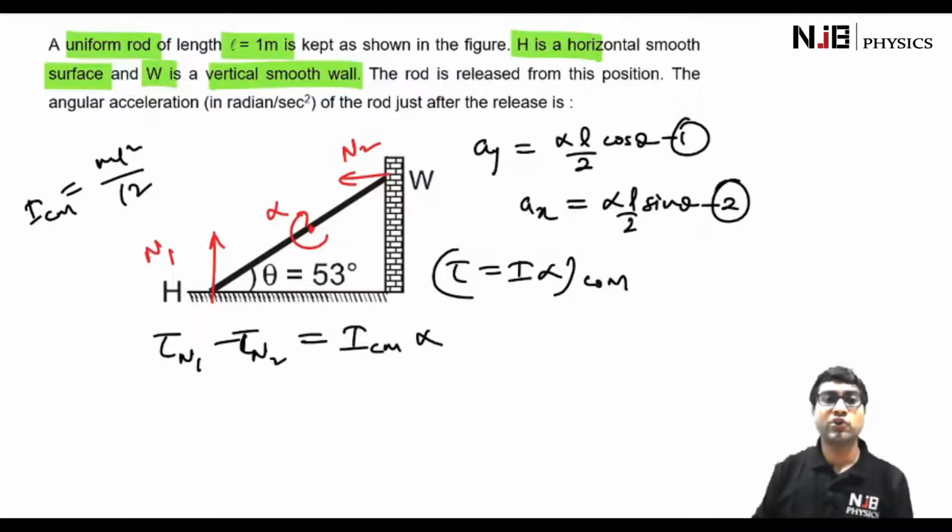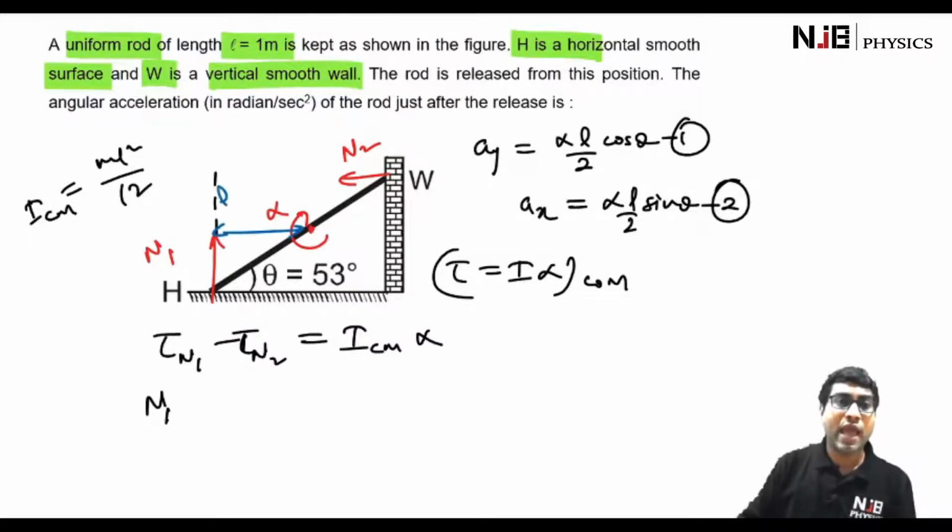Now what is the torque due to N1? Torque due to N1 is N1 multiplied by the perpendicular distance from the center of mass to the line of action of force of N1. So this distance is going to be equal to L by 2 times cos of theta.